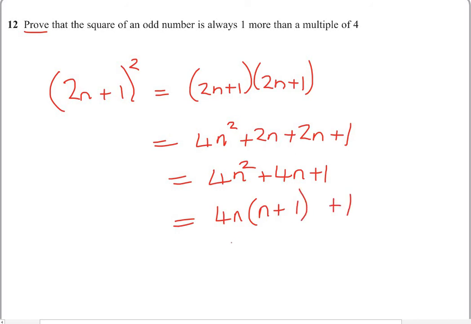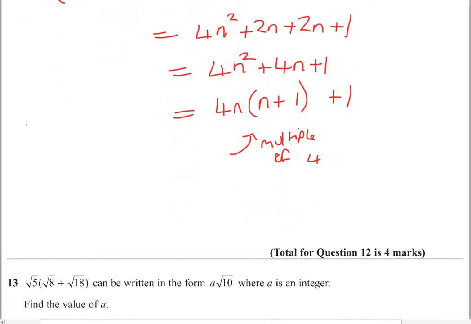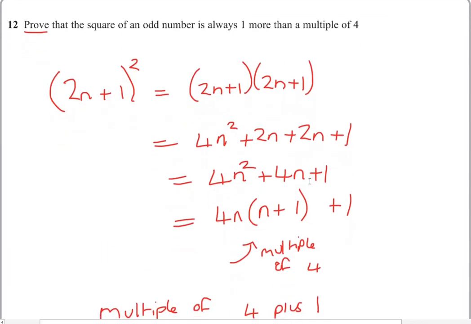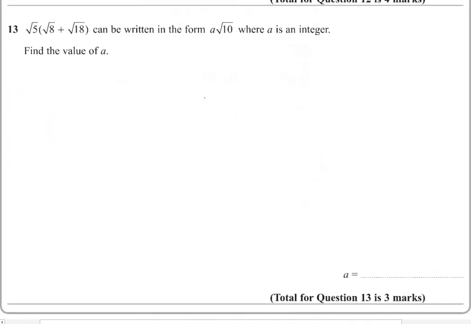We've got 1. So, this thing here is a multiple of 4. And so the whole thing is a multiple of 4 plus 1. And look, that's exactly what we were trying to prove. The square of an odd number is always one more than a multiple of 4. So we're done there.